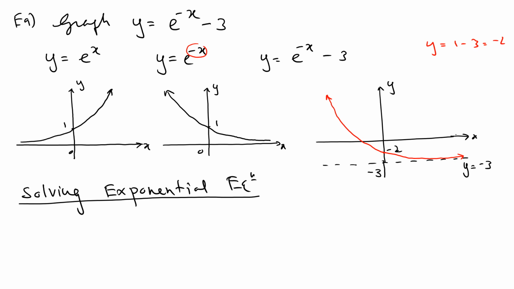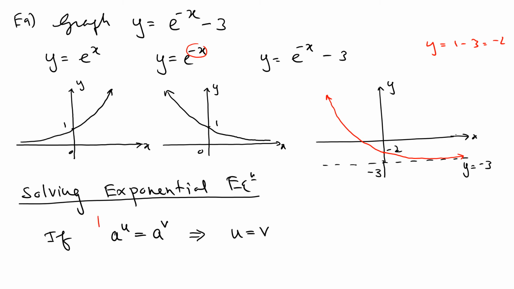If, let's say for some base a, a to the u equals a to the v, because we know that these exponential functions are one-to-one. If a function is increasing or decreasing, it is one-to-one. And because of that, if two quantities are equal with the same base, the only thing that can happen is u has to be equal to v.